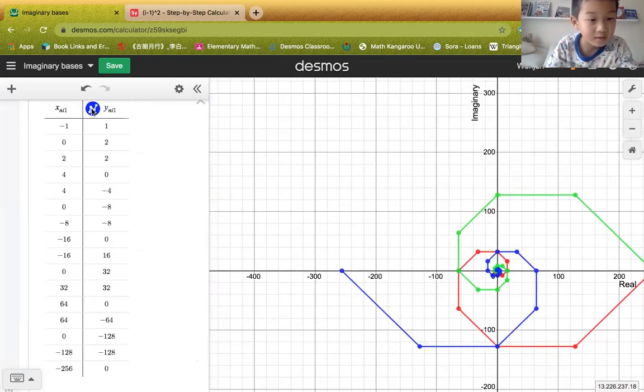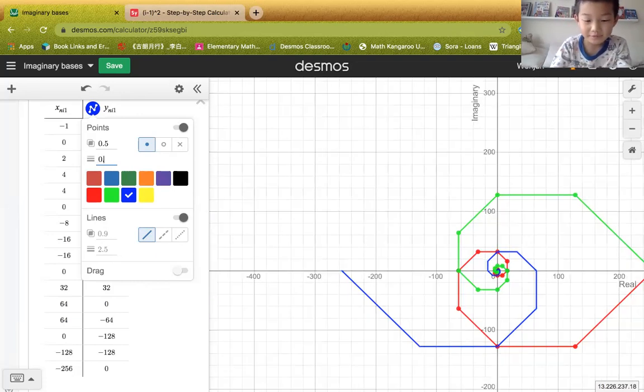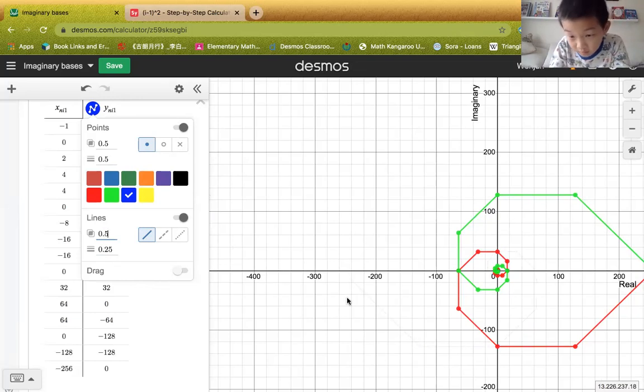This looks a little sick. Hold for half. And the thickness, probably 0.5 would work. Yeah, probably I'll set this to 1.